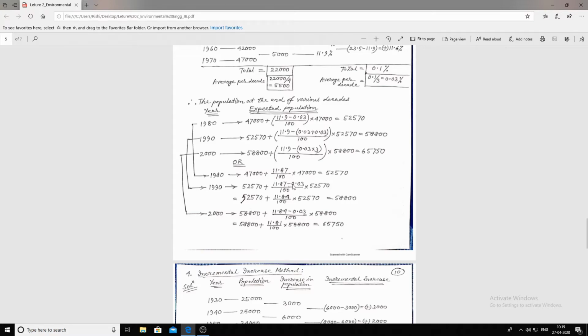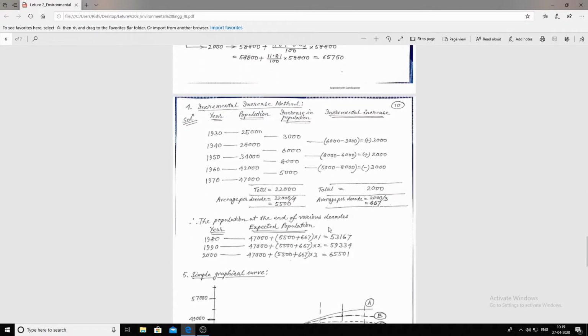So, 11.87 minus 0.03 into 52,570. Ultimately, after calculating all these things, you will get the final value 58,800. Similarly, you can calculate the expected population at the end of year 2000.